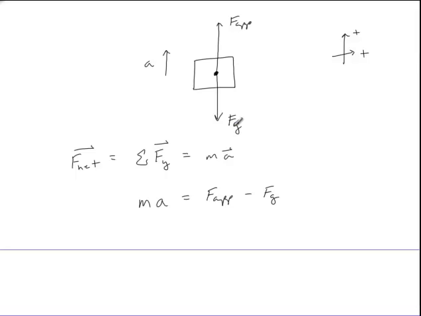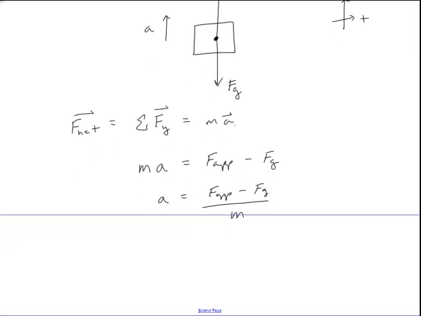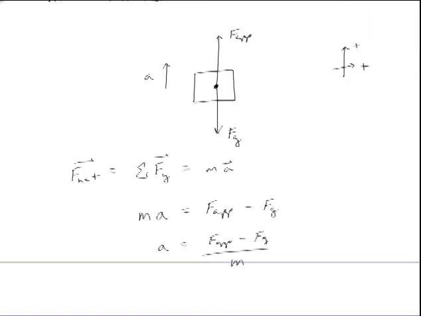Okay, and again, just like the last question, we're looking for acceleration. So acceleration equals F app minus Fg, and we divide both sides by m to get rid of that m over there, and that is the equation that we're solving for. Okay, so our applied force minus force of gravity divided by mass will give us our acceleration.